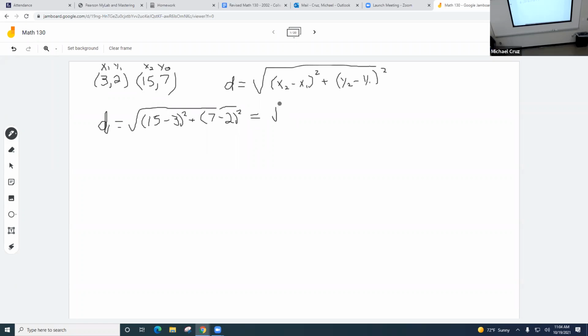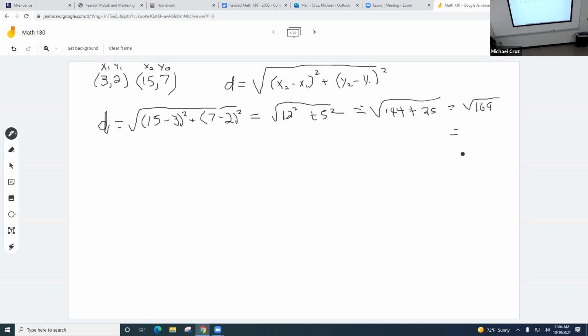So then we got 12 squared plus 5 squared. So that's 144 plus 25, which is 169, and this one happens to be a perfect square.